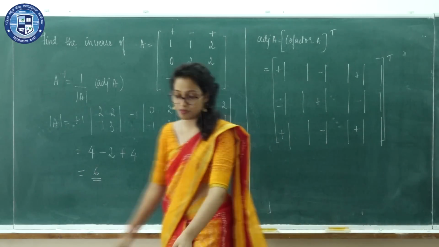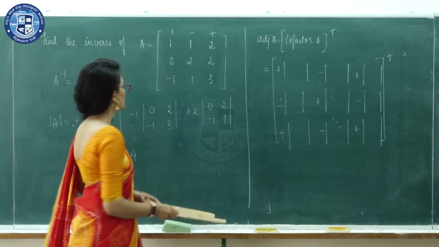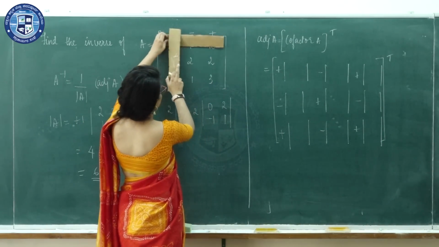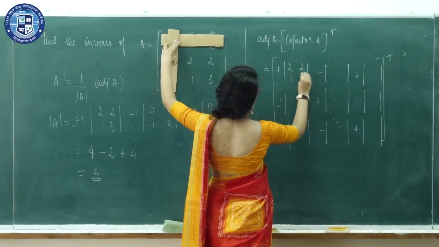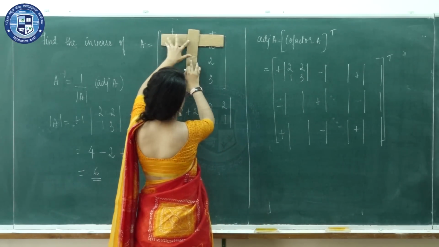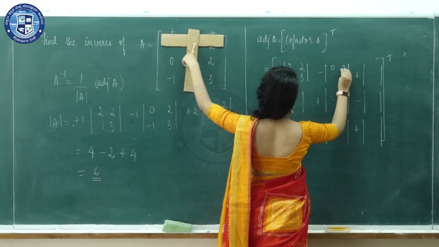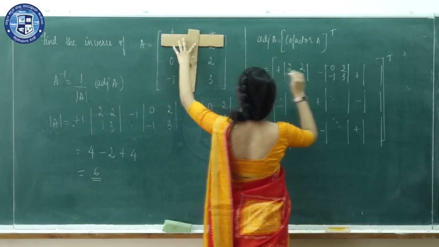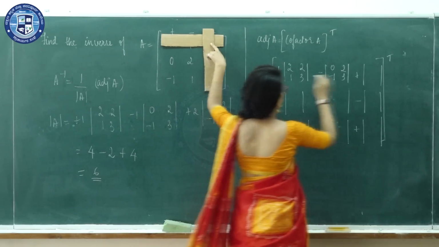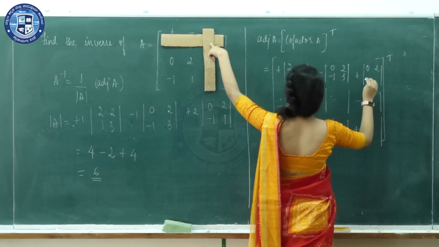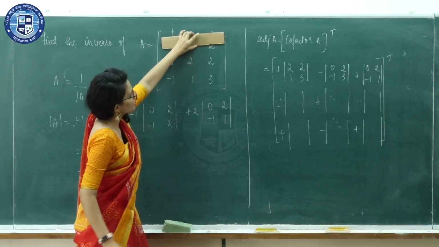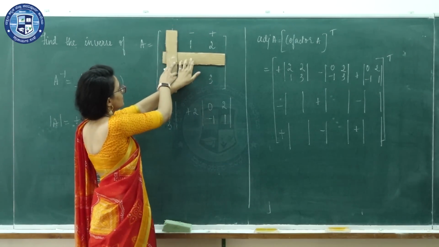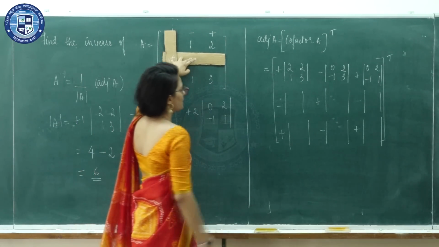So for the first term, we know we have to delete the first row and the first column, fill in the terms. So we have 2, 2, 1, 3. For the next term, 0, 2, minus 1, 3. Next term, 0, 2, minus 1 and 1. Next, delete the second row, first column, we have 1, 2, 1, 3.